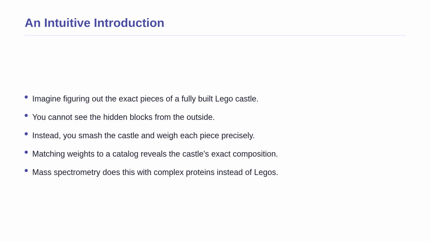Instead, you decide to smash the castle into smaller pieces, and then carefully weigh each piece on a highly precise scale. By knowing the exact weight, you can consult a master catalog and figure out the composition. This is exactly how mass spectrometry works in biology, but we use electric fields to weigh protein fragments.